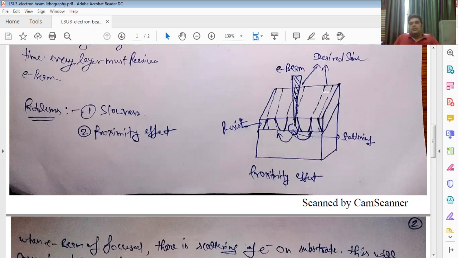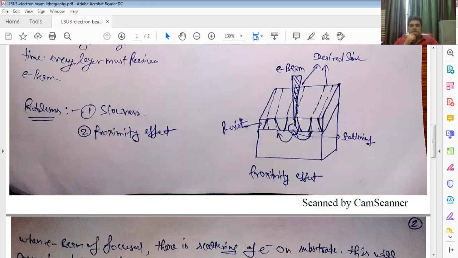I want to contain these regions after lithography, and I want to remove these regions. So when the electron beam passes through this resist, scattering of electrons takes place near this interface. Now these scattered electrons have sufficient energy so that they can move from here to here.